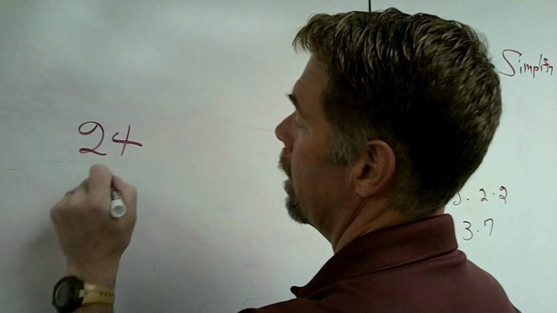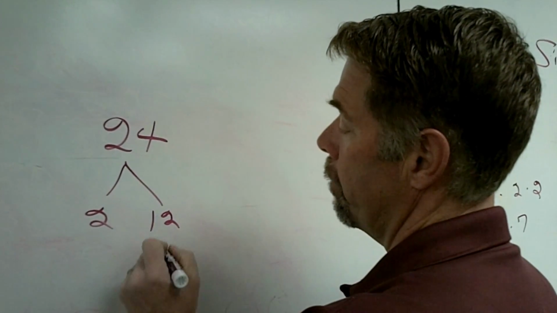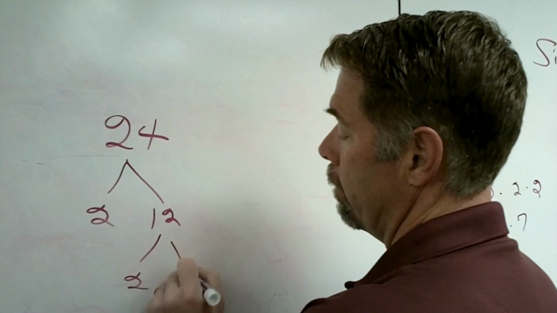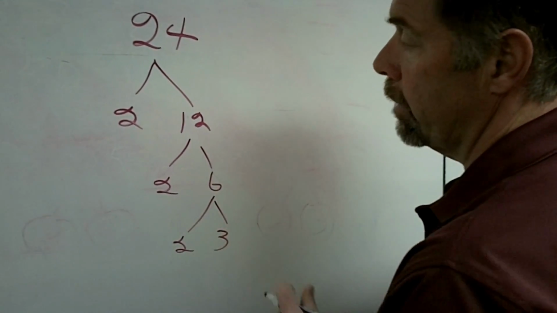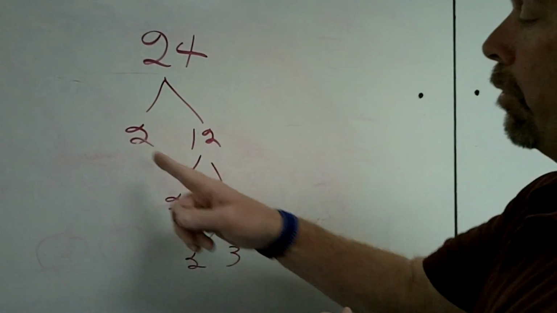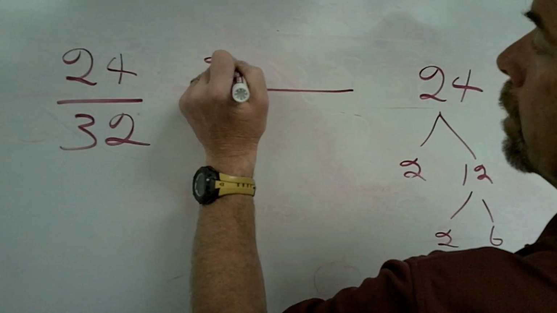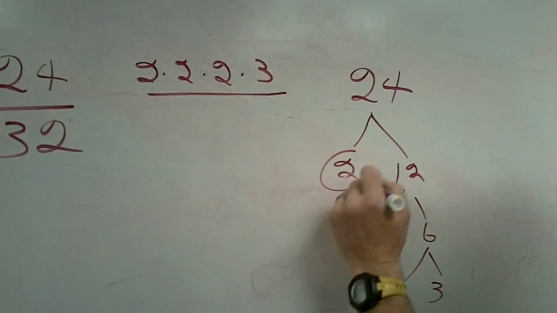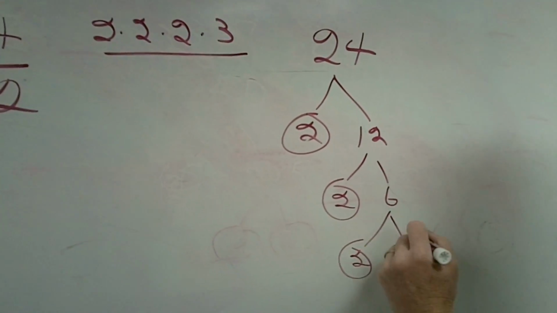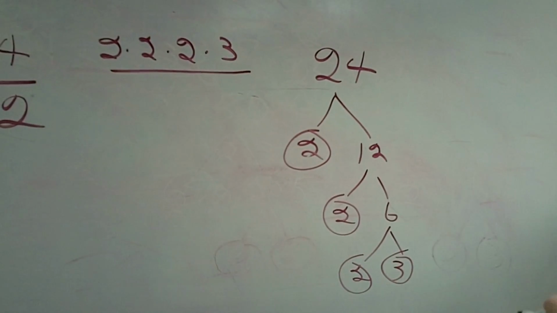So I look here and I say, okay, 2 is my lowest number. 2 times 12 is 24. 2 times 6 is 12. And 2 times 3 is 6. Okay, so I have 2, 2, 2, 3. So for my top, I have 2 times 2 times 2 times 3. And sometimes you may want to circle these as you do them to make sure that they stand out from those numbers. Okay, let's look at 32.